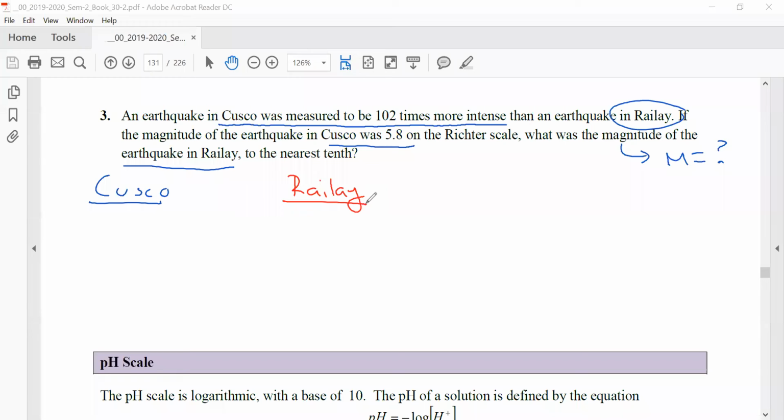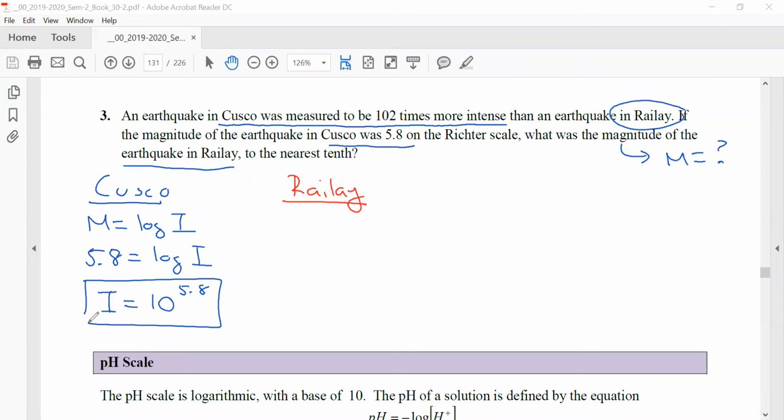What I've learned over the years is if I'm stuck on something and I've got a formula, which they will always give me, I find it very useful to sub in my numbers. It says the magnitude of Cusco was 5.8. Bang. My unknown is my intensity inside my logarithm, so I'm going to convert it to an exponential.